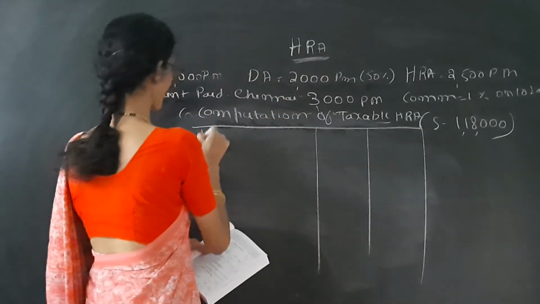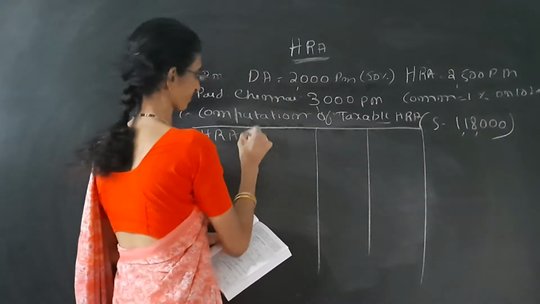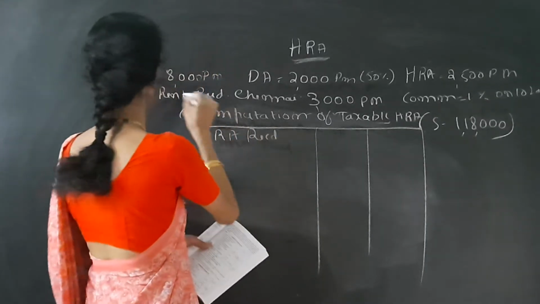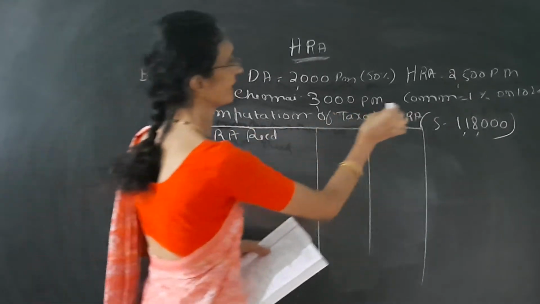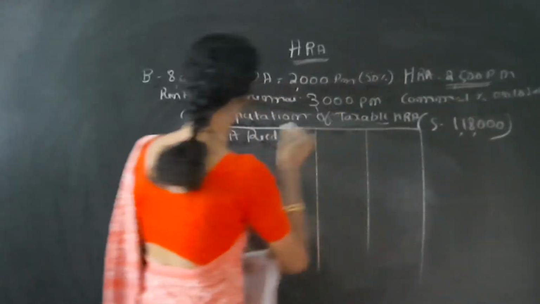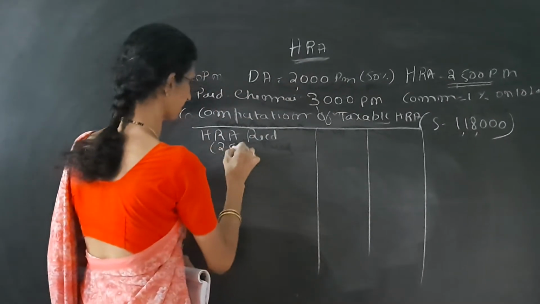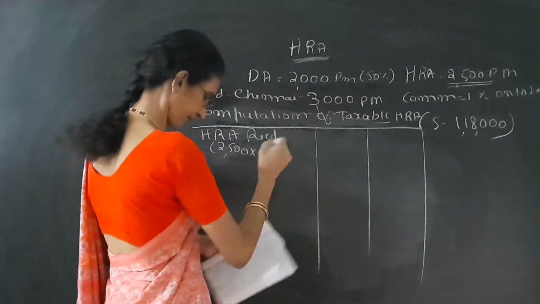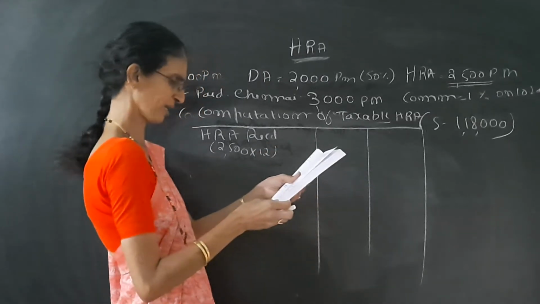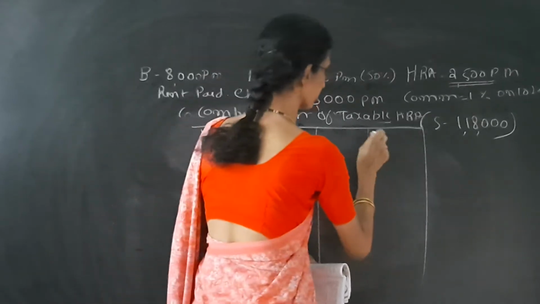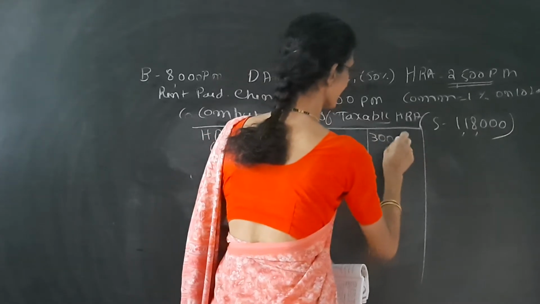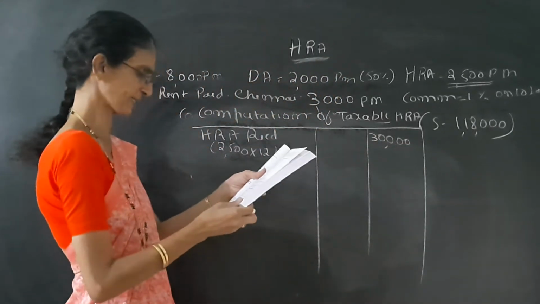First we have to write HRA received. HRA received is given here. He is receiving HRA of rupees 2,500 per month. So 2,500 into 12, it is 30,000.